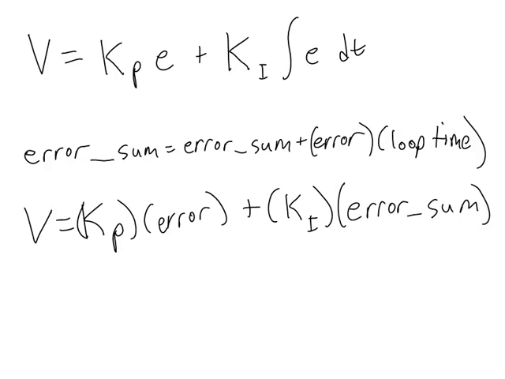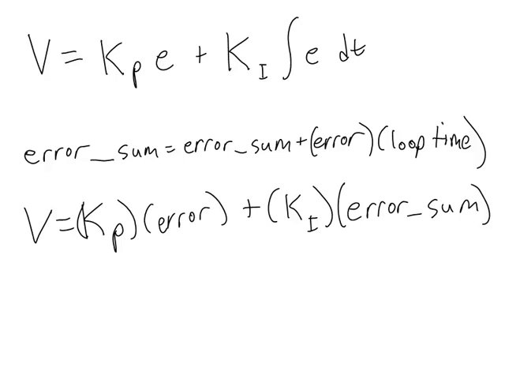If our motor has some amount of error that is not going away over time, as it would if there's steady state error, this value in the voltage that comes from the error sum will increase over time as the motor sits in a position where it has some steady state error. Eventually, the value of the voltage will be high enough to move the motor into its correct position.